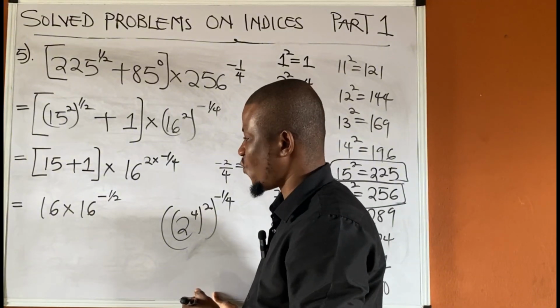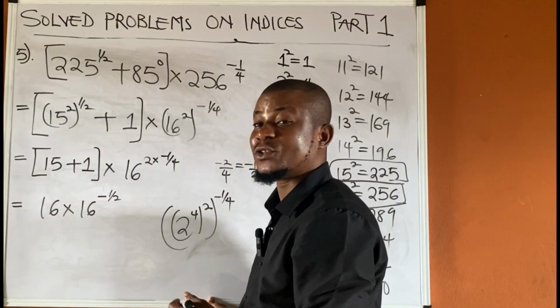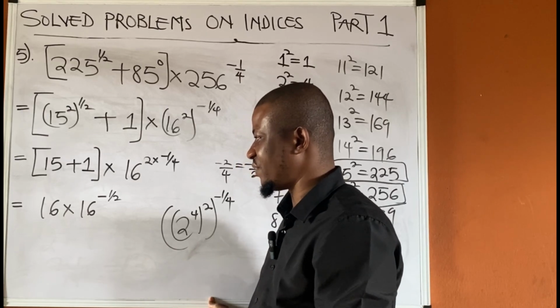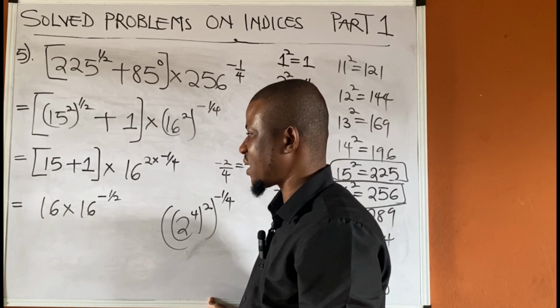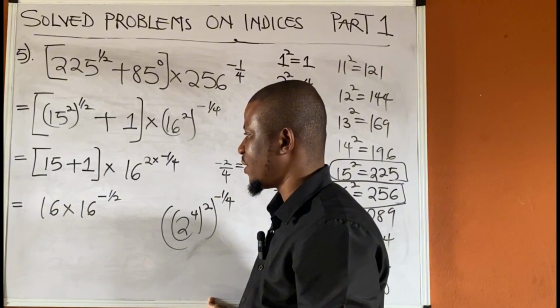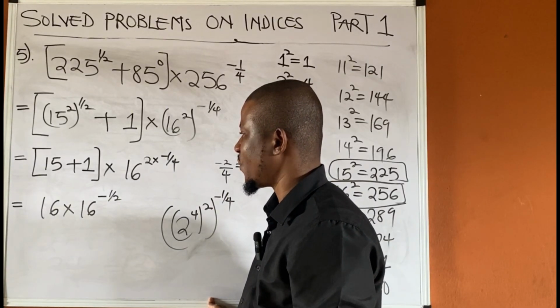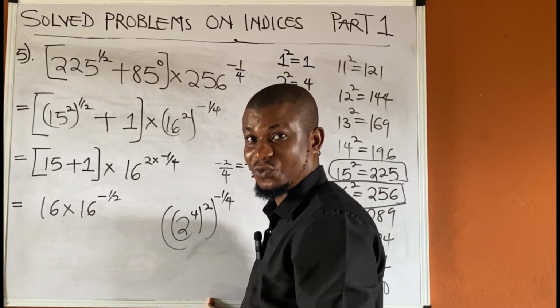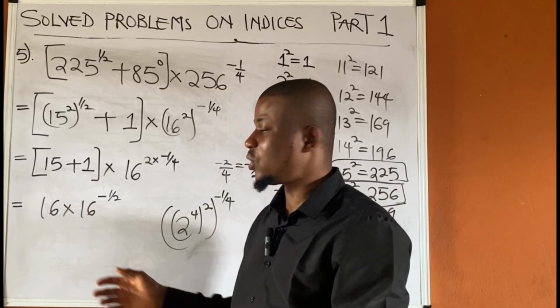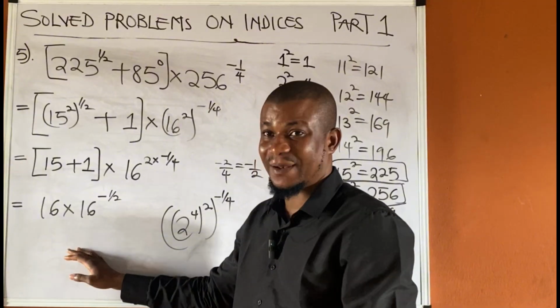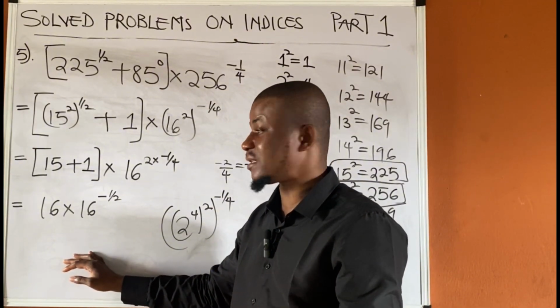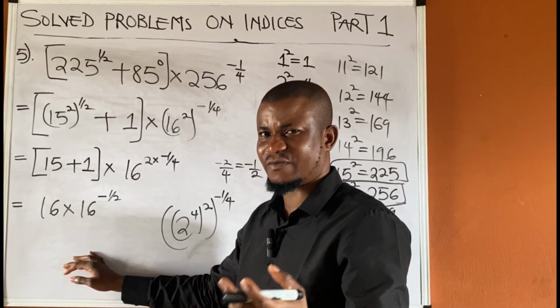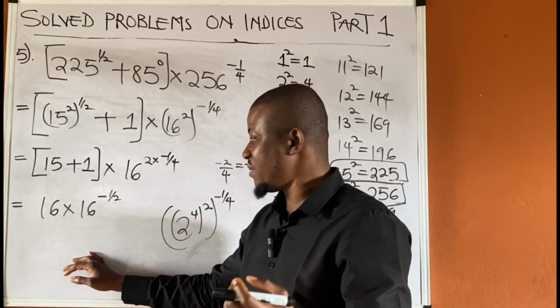This is an interesting one. There are several things we can do here, definitely. So what do we do? Because I'm seeing lots of laws of indices I can apply here. But the idea of mathematics is to make things simple, solve a problem, and use a simple method.